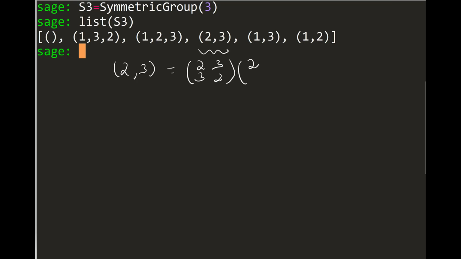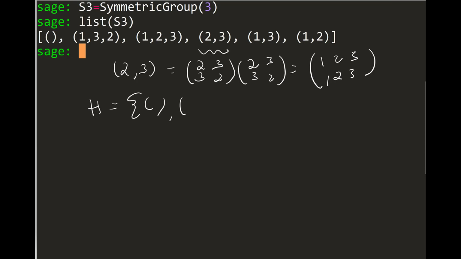If you multiply it with itself, what it will give you is the identity permutation. So what happens is, you can take a group H as the identity element and the element (2 3), okay?